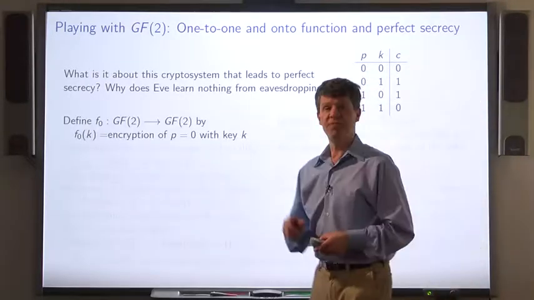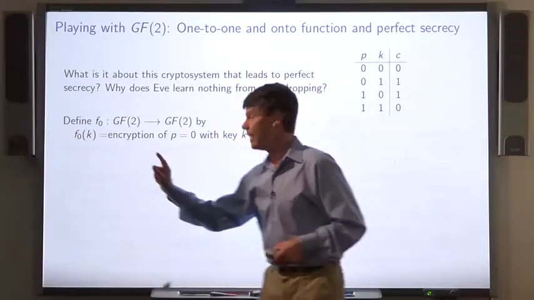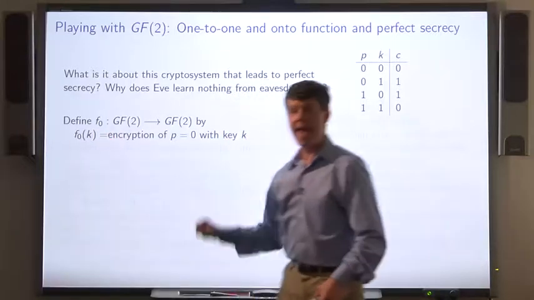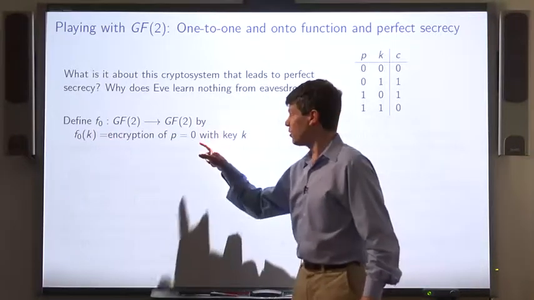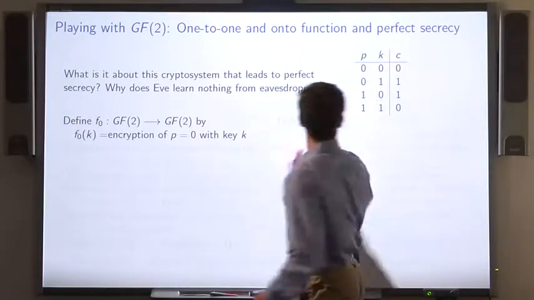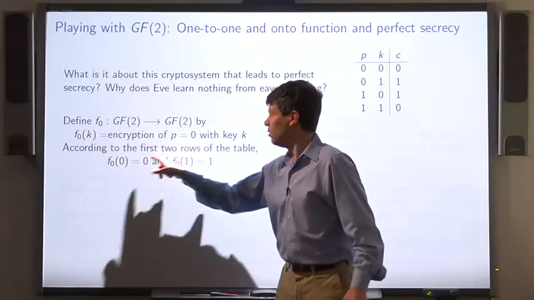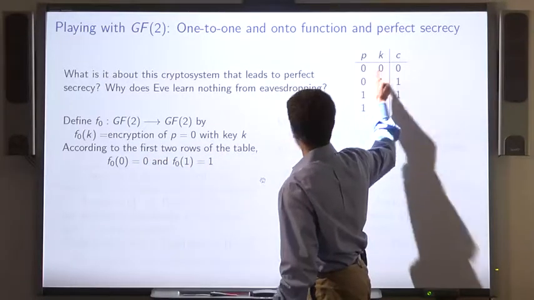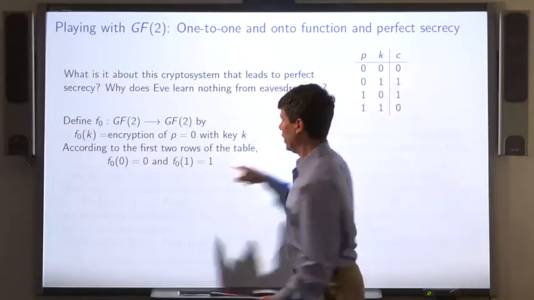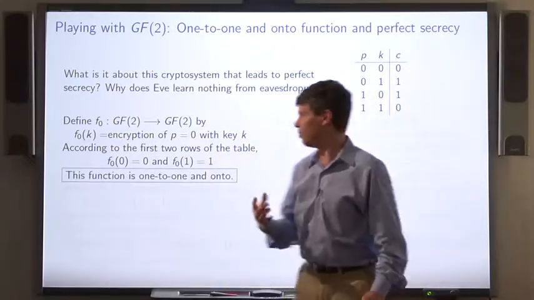Well, let's define the function f0 as follows. f0 takes as input the key, k, and outputs the encryption of the plaintext 0 with that key. So according to the first two rows of this table, f0 of 0 equals 0, and f0 of 1 equals 1. This function is one-to-one and onto.